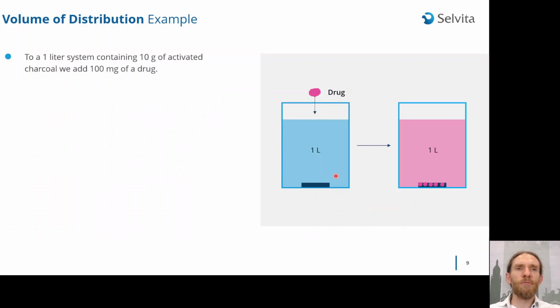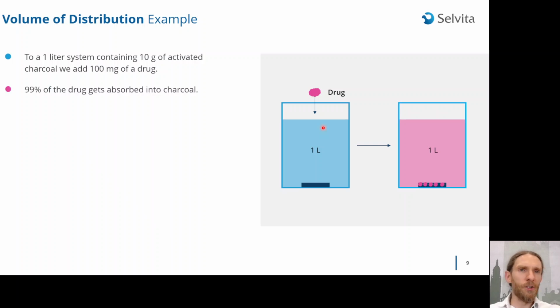So, very simplified, we have a 1 liter volume of reservoir. And into this reservoir, we are adding activated charcoal, 10 grams of it. These 10 grams of activated charcoal will be our peripheral tissues. And then to the reservoir, we are adding 100 milligrams of a drug.